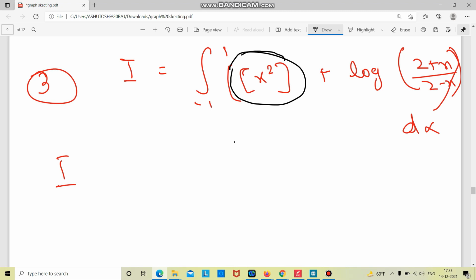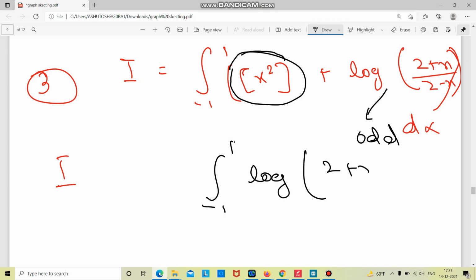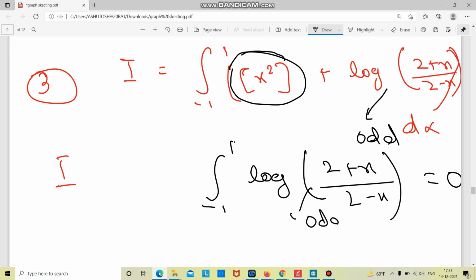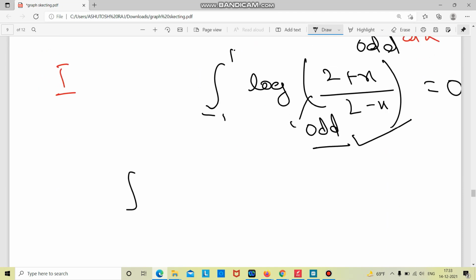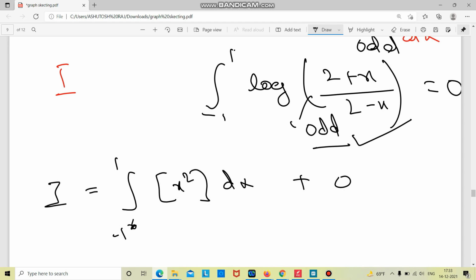So we can see log of 2 plus x by 2 minus x is an odd function. So the integral from minus 1 to 1 of it is 0, as this is odd. Then the question remains that we have to integrate from minus 1 to 1 the greatest integer of x square dx. This is I plus 0.